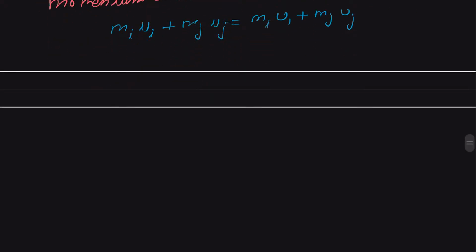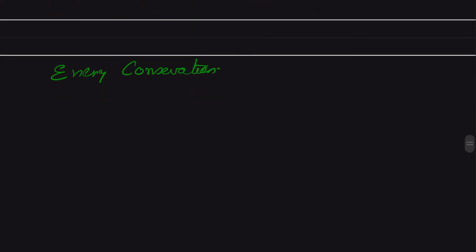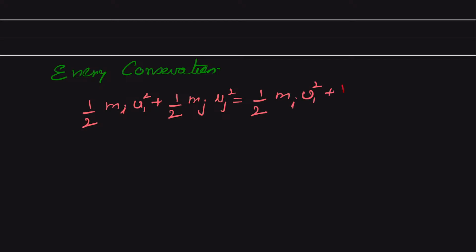And then we can write the energy conservation, that is half Mi Ui square plus half Mj Uj square is equal to half Mi Vi square plus half Mj Vj square.